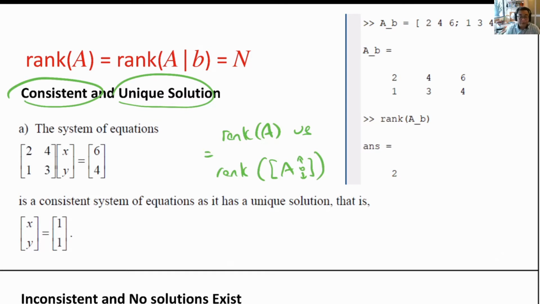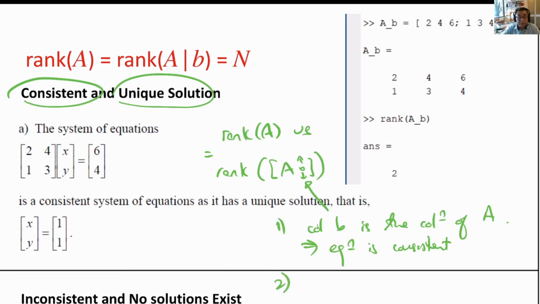If the rank is equal, then we will know that the column of B is in the column space of A, implying that the equation is consistent. We'll have a solution.